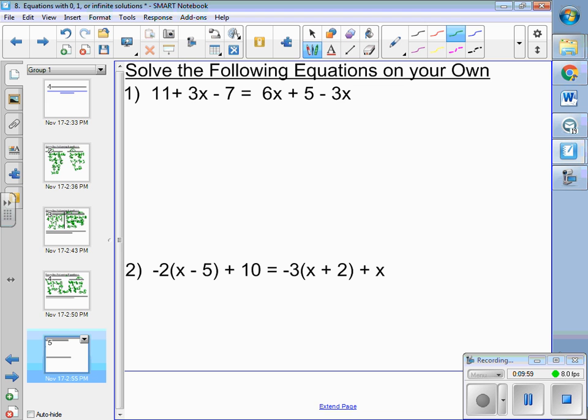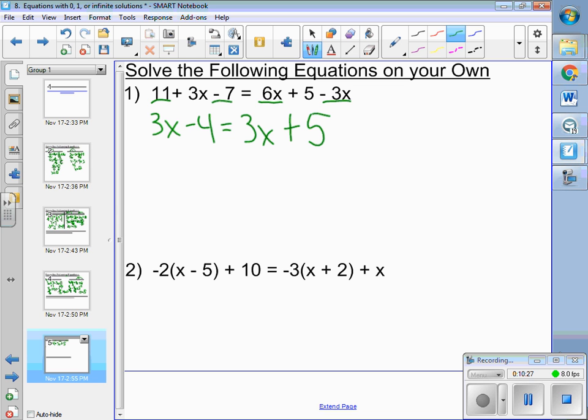Now, let's solve these. So I'm going to go ahead and combine my like terms that I can on this side. So I see 11 minus 7. So that's going to leave me with 3x minus 4 equals. The other side, I can combine the 6x and the negative 3x, or minus 3x. So that's going to leave me with 6 minus 3x is 3x plus 5.